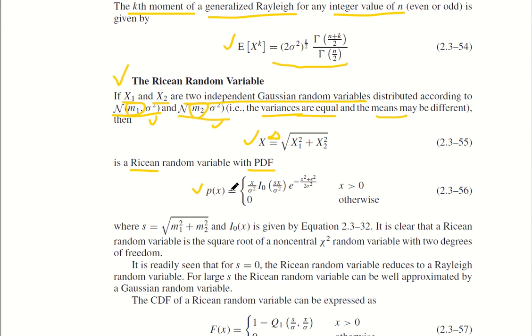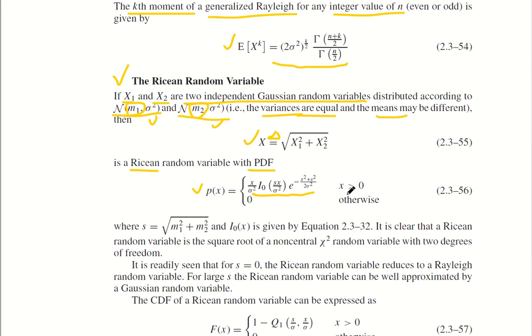P of x equals x divided by sigma squared times I0 of (xs divided by sigma squared) times exponent of minus (x squared plus s squared) divided by 2 sigma squared.